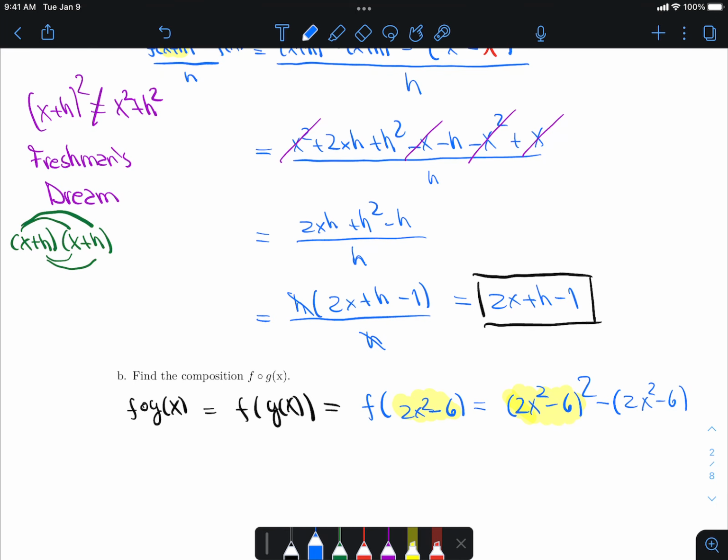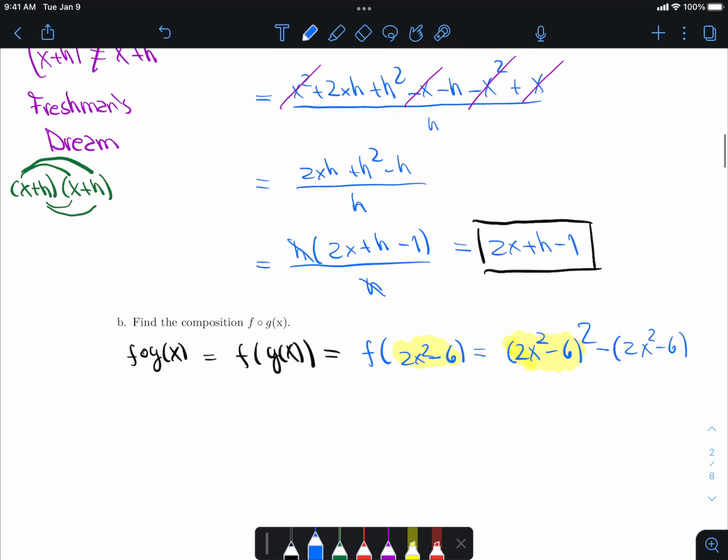You just have to expand that, and that is again just using algebra. So we'll do again the foiling of this first guy. So this will be square of the first, minus 2 times the first times the second, which gives 4x to the 4th minus 24x squared plus 36, and then distribute this minus sign.